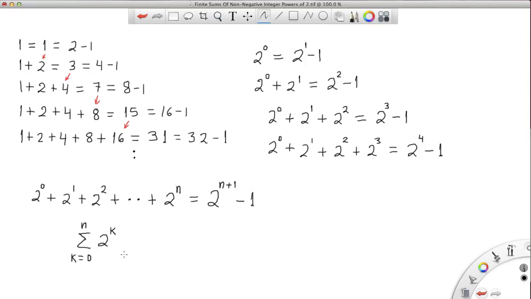This is a more compact notation for the same thing, and the result of that sum is this expression 2 to the n plus 1 minus 1, which is just expressing in a more concise form all the possibilities that the examples that we have here above.